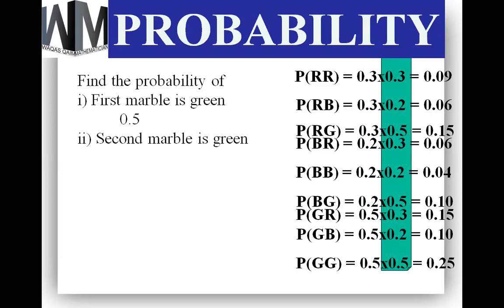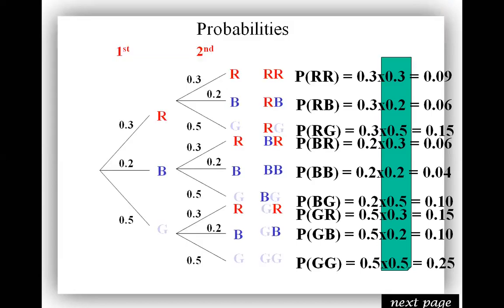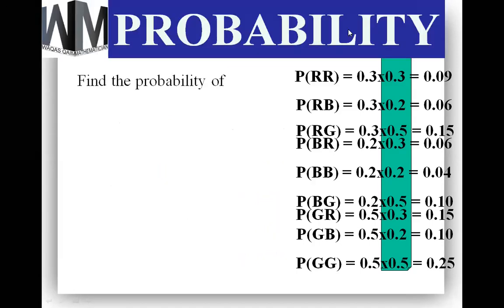First marble is green. So the probability of the first green marble is written here, 0.5. Right?